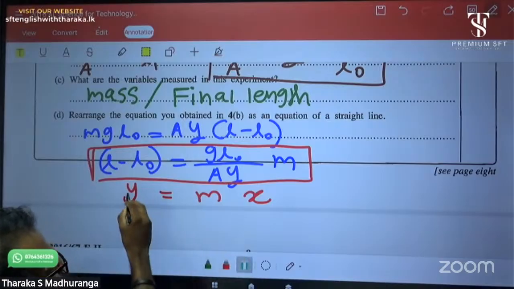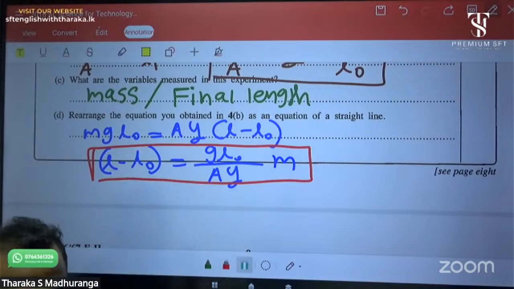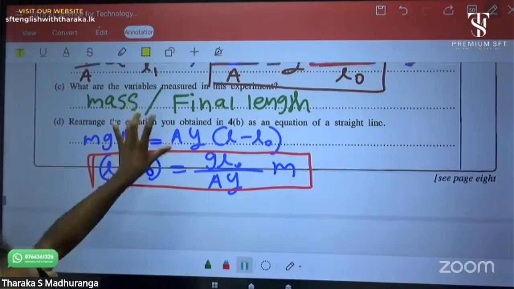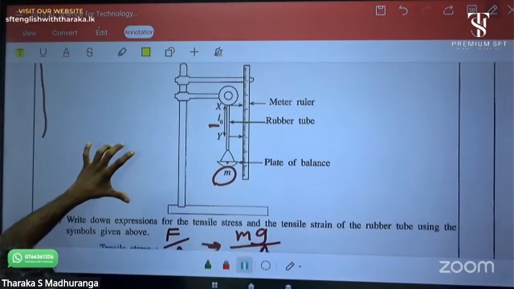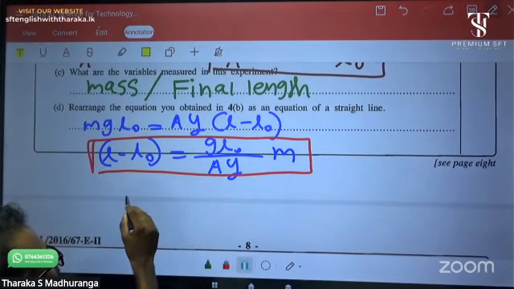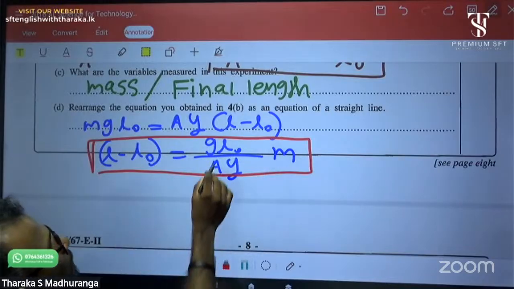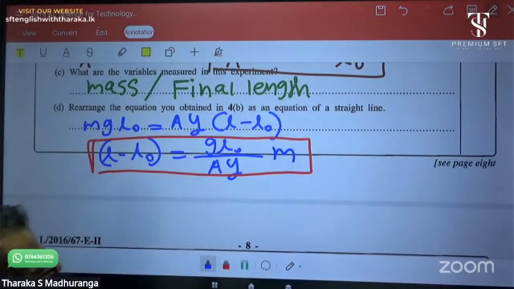Sorry, there is one step missing. Here the independent variable they have is L, the final length, not the extension. Then we have to get this L naught to this side. Don't get complex.